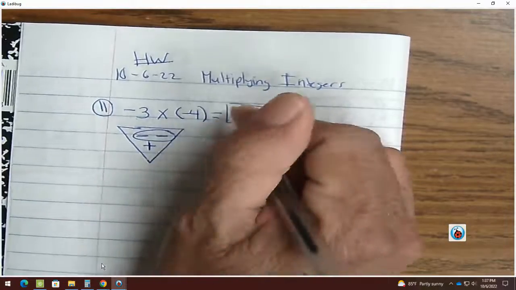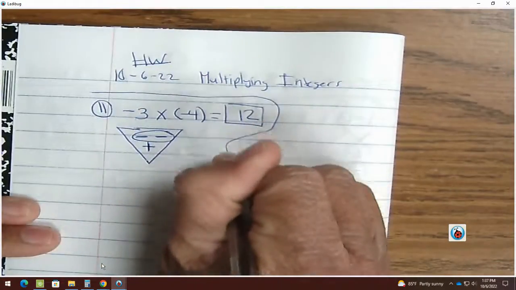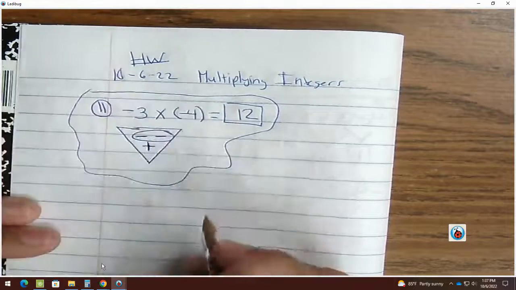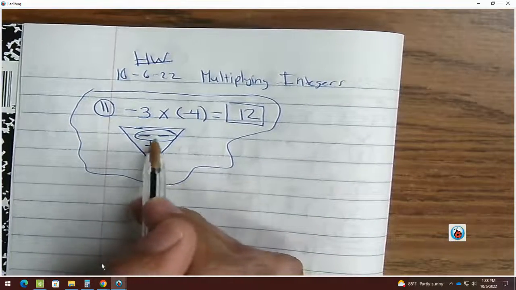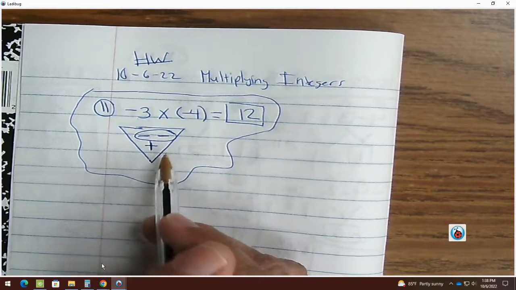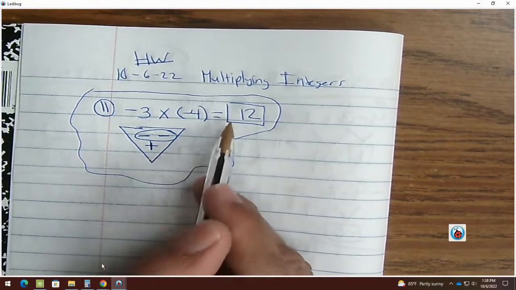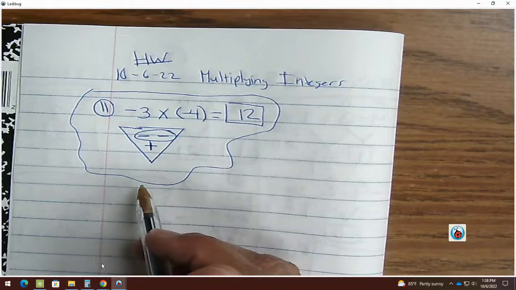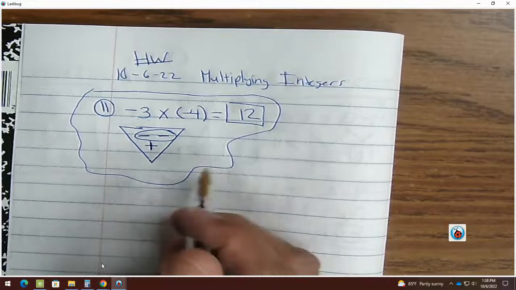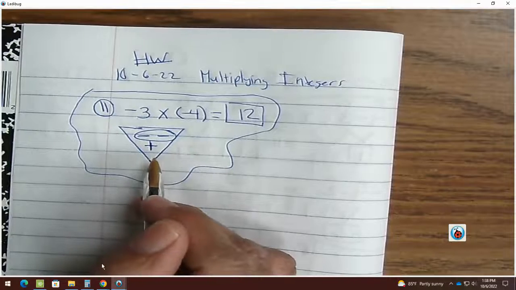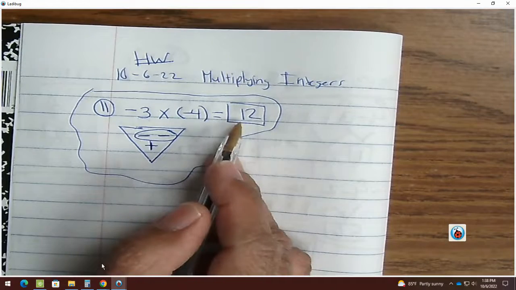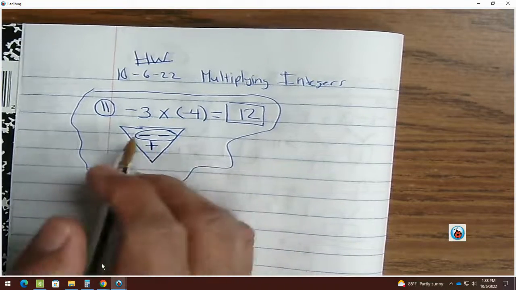I am done. Again, el que no circulaste es la respuesta. Positivo 12. Okay? That's it. You have to do the Dorito Man so I can know what I'm going to keep, positive or negative.